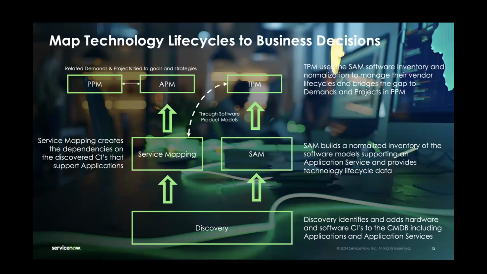And you clearly see how the platform comes into play, where discovery goes and collects the infrastructure raw data, which gets normalized by software asset management, service mapping adds service context awareness, but technology portfolio management, which is part of the enterprise architecture suite of products, really does the magic of bringing that data to that dimension. In fact, today you're going to see a quick demo as well.